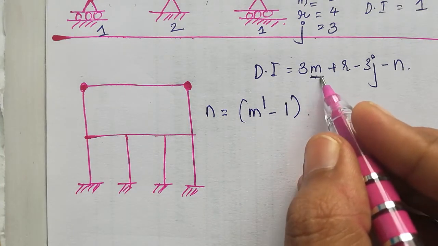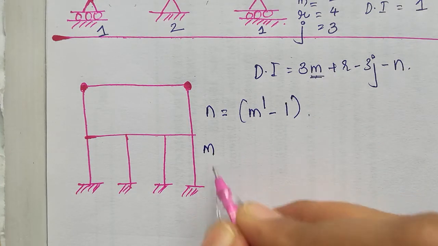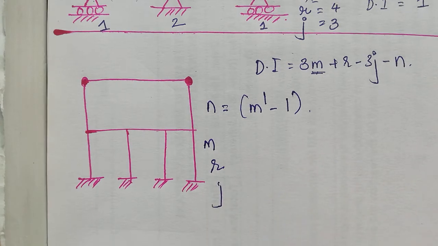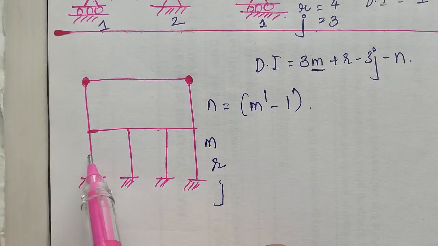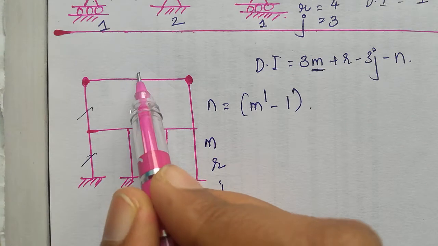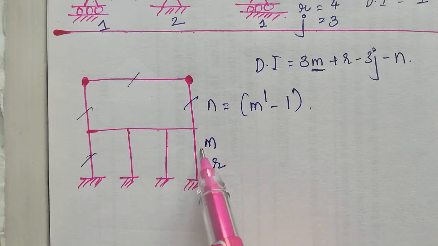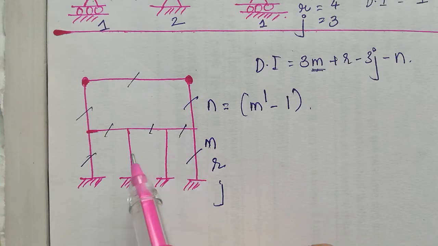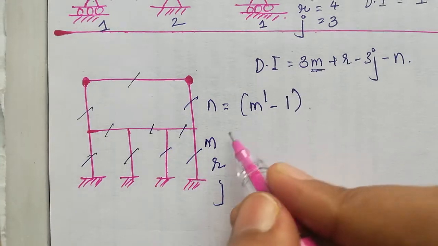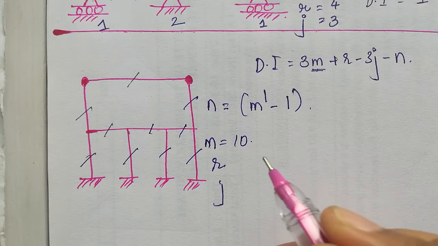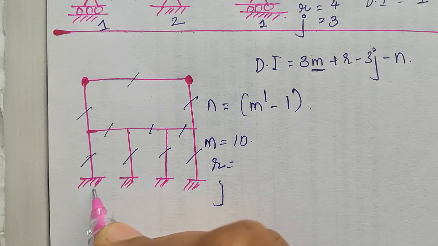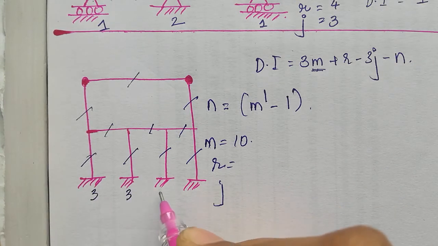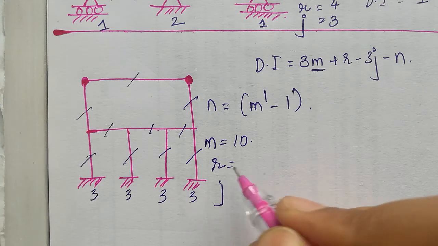So first we will calculate what are m, r and j. Members: 1, 2, 3, 4, 5, 6, 7, 8, 9 and 10. So the number of members is 10. Next, reactions: 3, 3, 3 and 3.